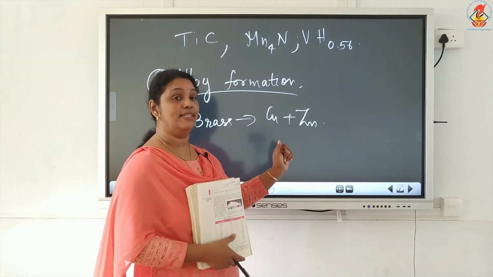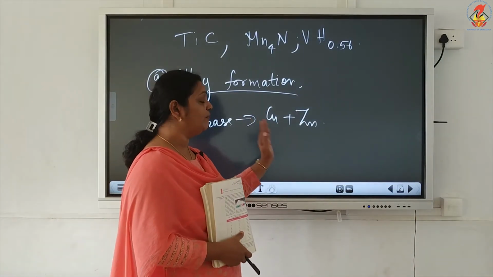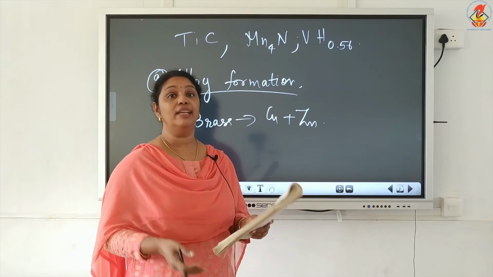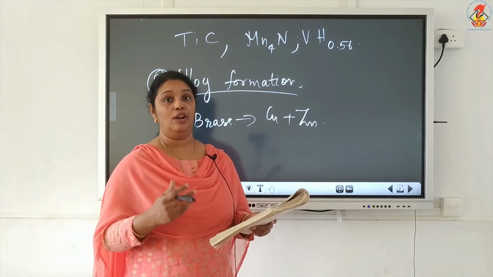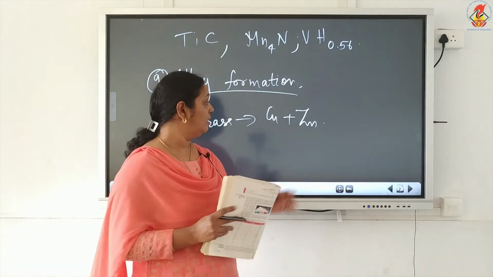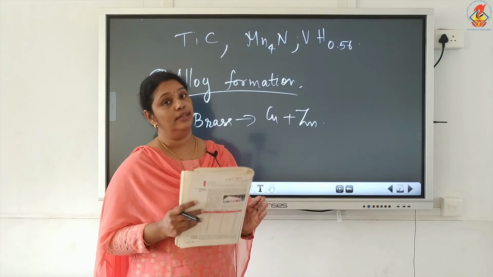So, zinc is not considered a transition element. So, brass, an alloy of copper and zinc, is an example where a transition element can form an alloy with a non-transition element. These two can form an alloy because of their similar radii.